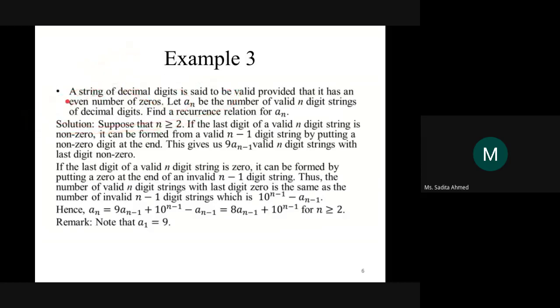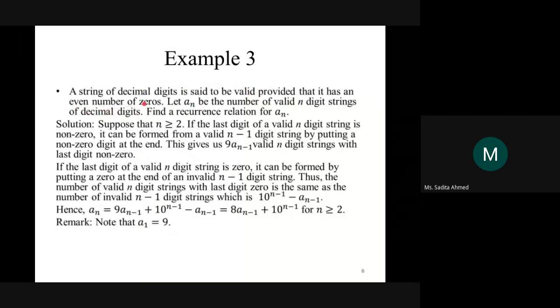For this specific problem, we are asked to count the total number of strings made up of n decimal digits such that there is an even number of zeros. Let's suppose that a decimal digit string is considered valid if it has an even number of zeros.